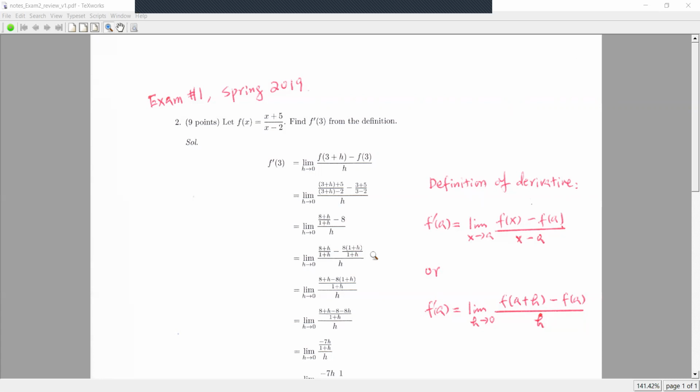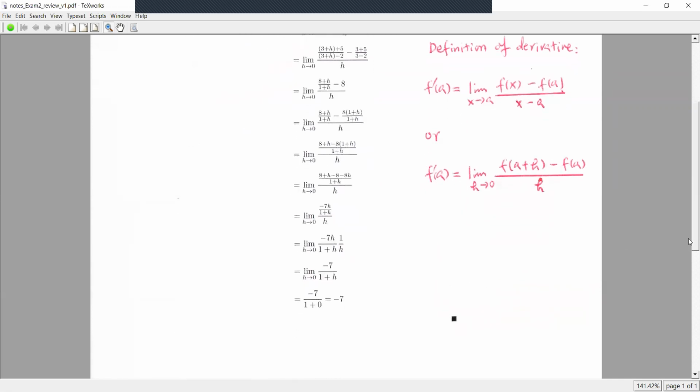Therefore, I can combine the two terms to get this equation. Now, distribute the negative sign, negative 8 to 1 and to h. Then I have this equation.